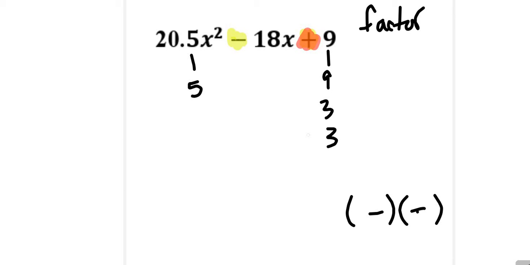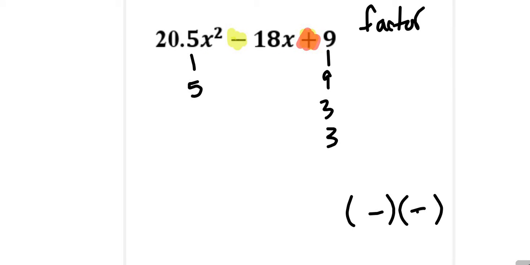And then I'm simply looking for combinations that add up to 18. Now if I go straight across, 1 times 1 is 1, and 5 times 9 is 45, and if we were to add those, that would give us 46. That's not 18. That doesn't work.